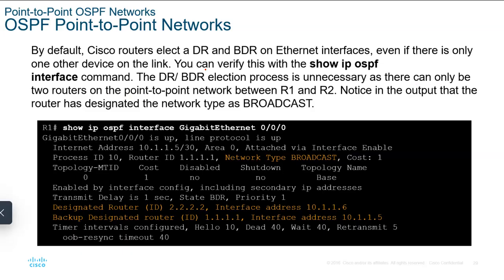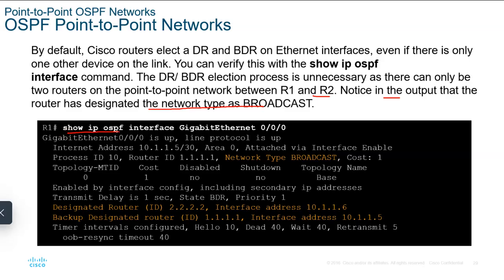In that process where there are 2 routers, we don't need the DR and BDR. Automatically one has to be DR and then the other one BDR, but we won't get the BDR. So notice the output shows the router is designated, and then the network type, which is this.